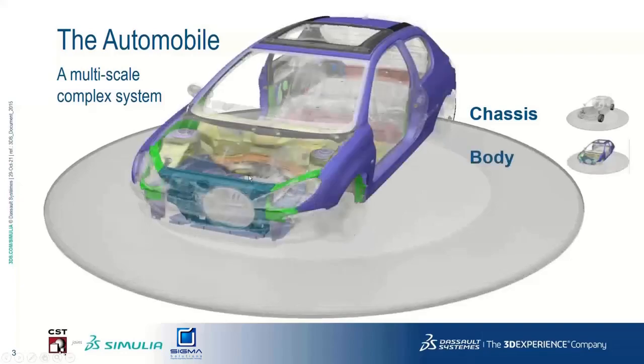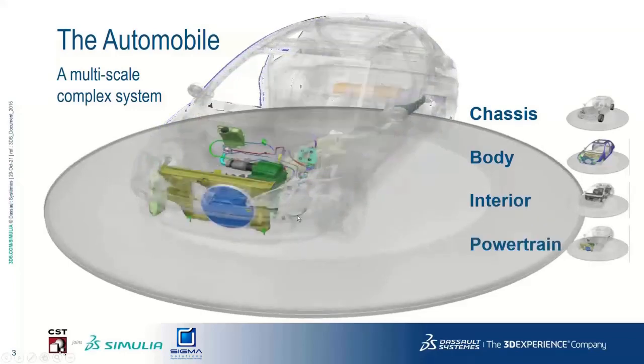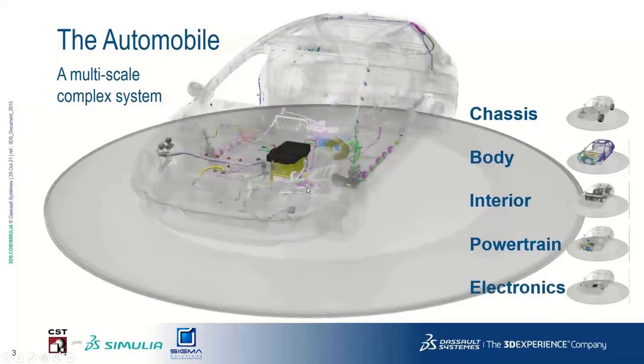We have the chassis, we have the body, there's some interior, then there's the powertrain, and we have the electronics. So the last two categories, the powertrain and the electronics, this is where CST comes in, where it can really add value with simulation.